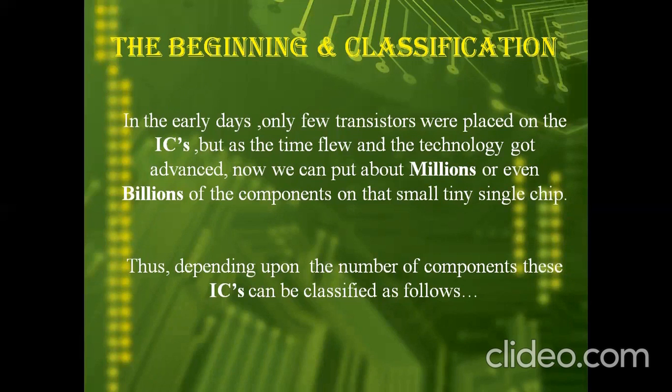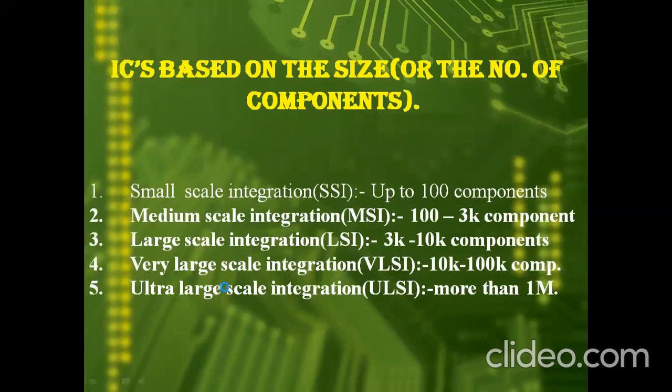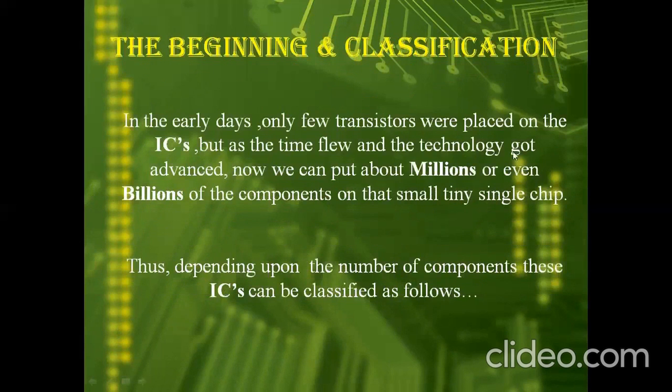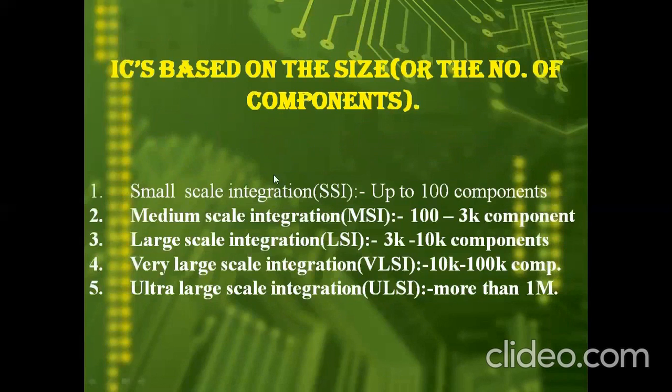We have Core 2 Duo, dual core, and many other processors. But as time flew and technology advanced, now we can put millions or even billions of components on a single tiny chip.